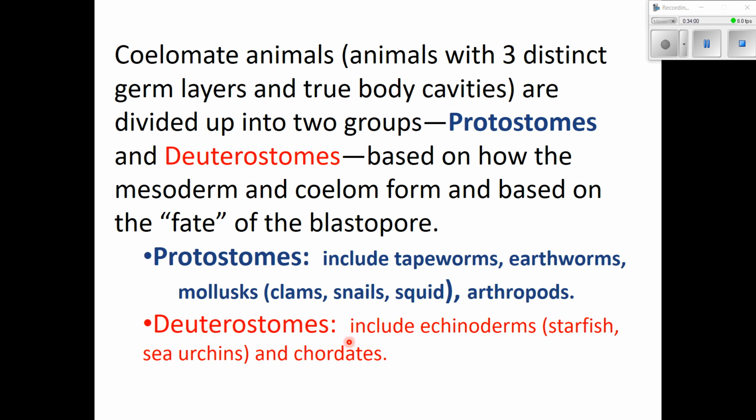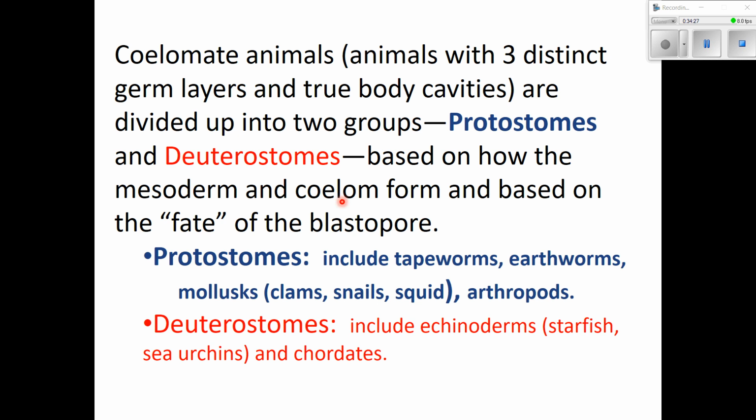So I'm going to go back to the blastopore, which was that initial opening at one end of the archenteron, remember? How that develops is different for protostomes and deuterostomes, and also how the mesoderm and the coelom, which is kind of the body cavity, it's what becomes your abdominal cavity and your thoracic cavity in your chest.